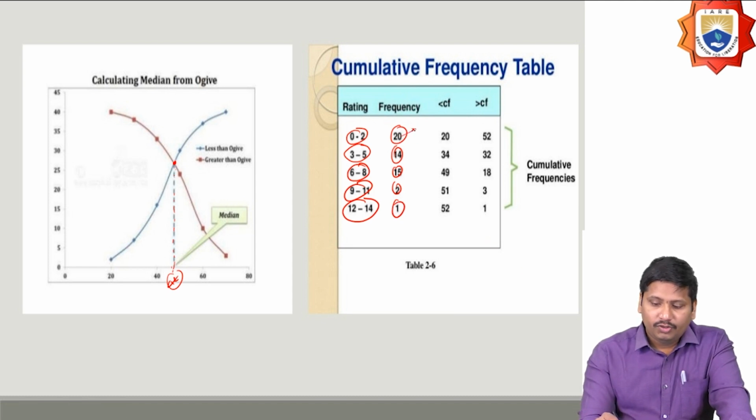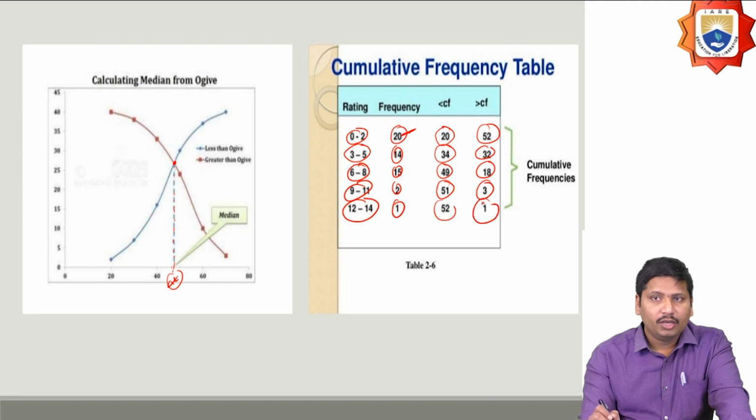If the frequency is less than the cumulative frequency, then it comes under here. Similarly, if it is greater than that, then it points to the greater than cumulative. Like this, you have to identify the cumulative frequencies, whether they are greater than cumulative or not.